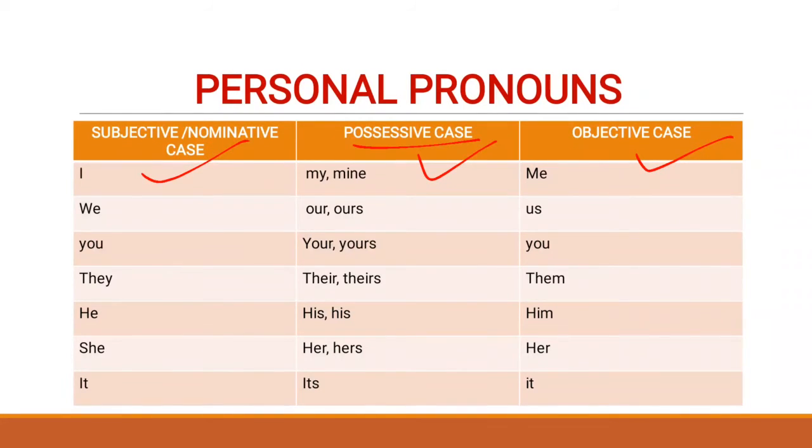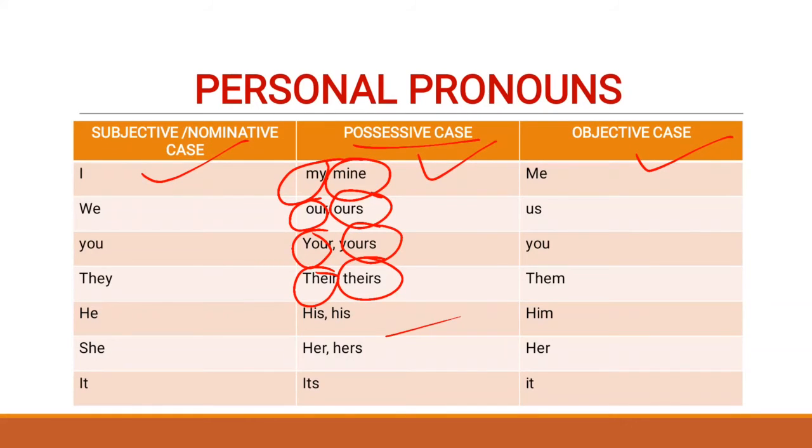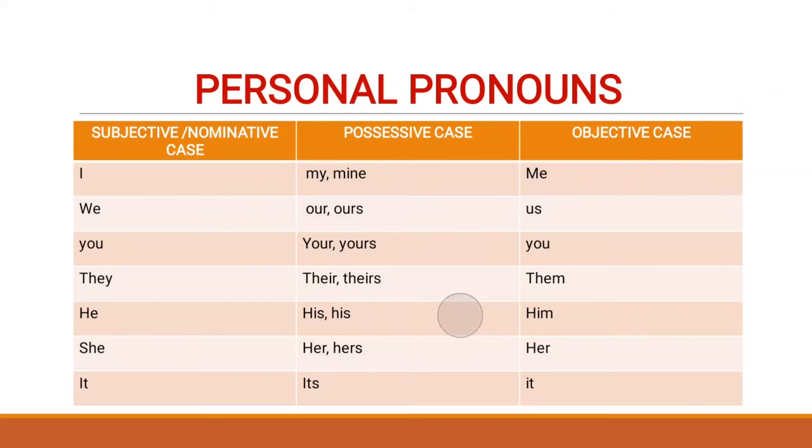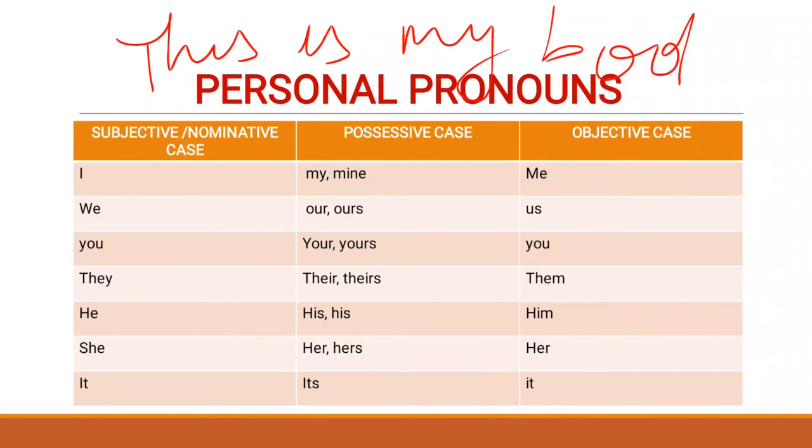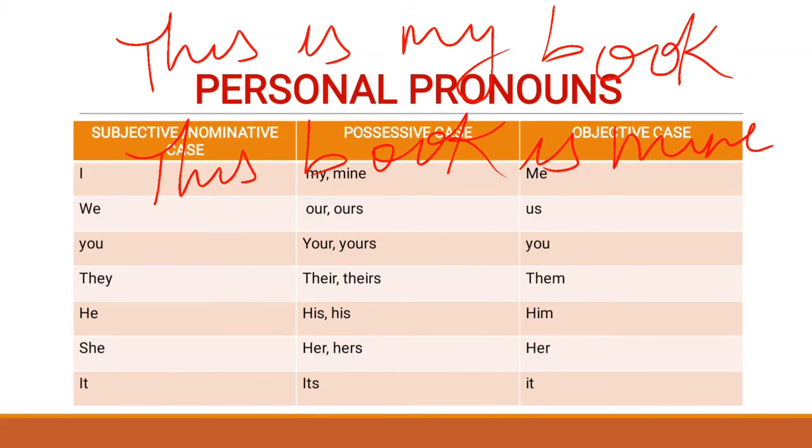Now, you may want to ask that, ma'am, what is the difference between my and mine? Our, ours, your, yours, their, theirs, and so on. Let's understand this with the help of examples. When I say, this is my book, or this book is mine, both the sentences have same meaning.